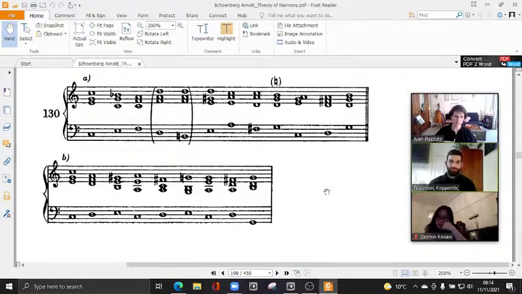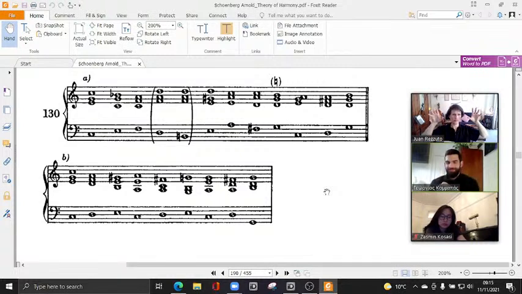First of all, which kind of modulation is this one? To which circle? There's only one circle. Remember that we saw C major, F major, G major.